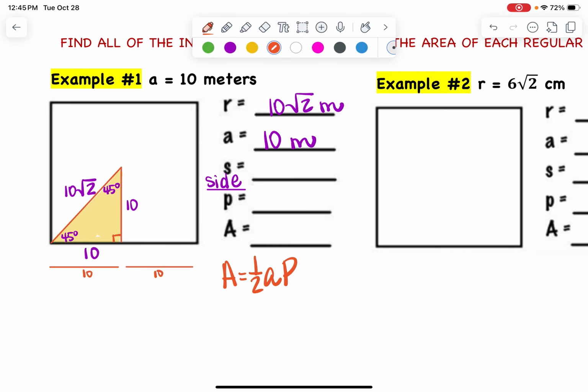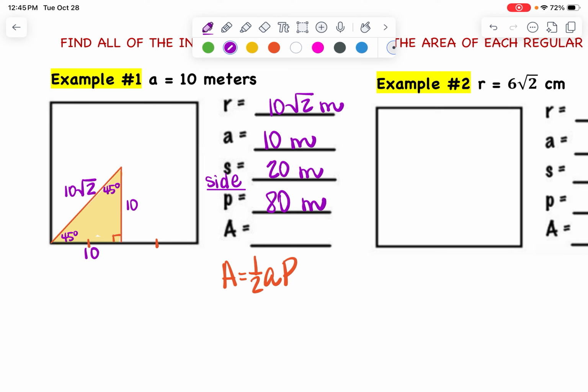Because remember, the apothem is a perpendicular bisector, right? So once we find that leg of 10 underneath, we know that the side length has to be 20. And if each side is 20, and there's 4 of them, then I know my perimeter must be 80.